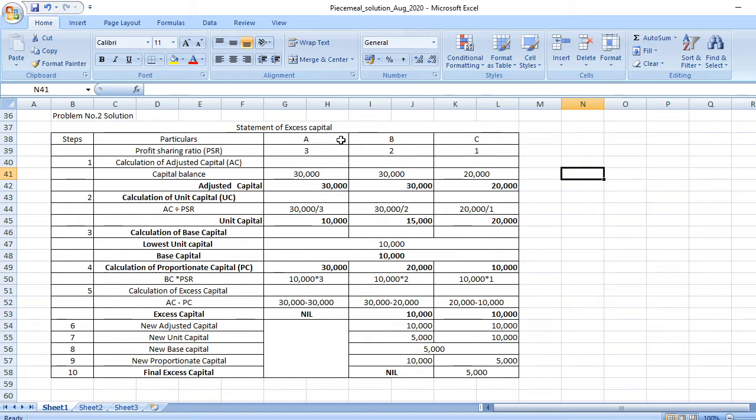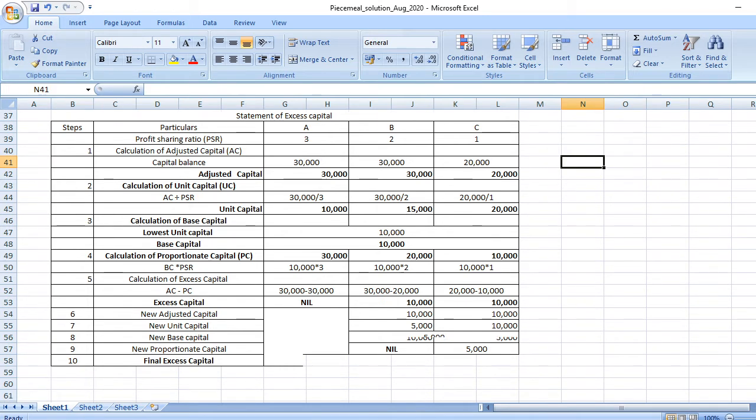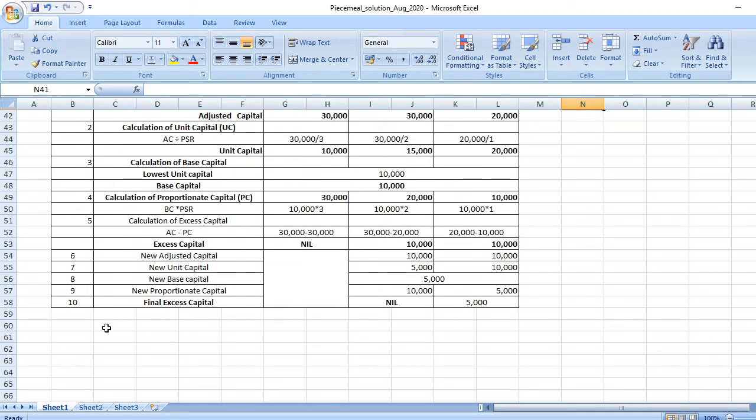There were three partners A, B, C. Their profit sharing ratio was 3:2:1, and we got the final excess capital. C holds 5,000 and B becomes nil. A is already nil. Now we will discuss the order of payment.